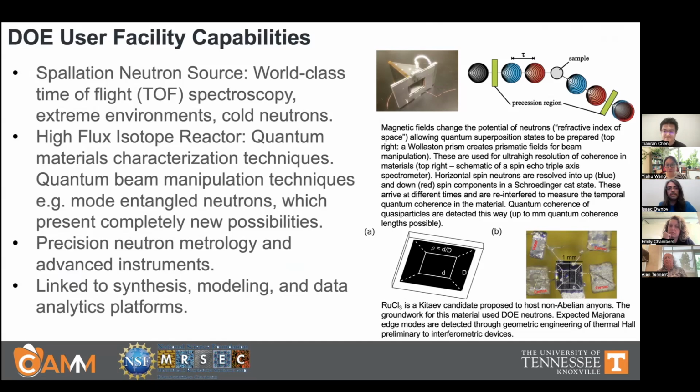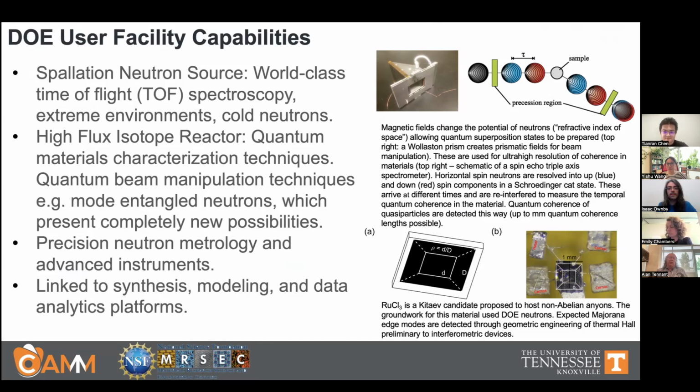On the bottom right-hand corner is an example of Kitaev candidate material, ruthenium trichloride, which is proposed to host non-abelian anyons. These are very important for future quantum technologies. The groundwork for ruthenium trichloride and generally for quantum magnetic spin systems is undertaken using neutrons. So very in-depth studies of this material were made at the Spallation Neutron Source at Oak Ridge National Laboratory.